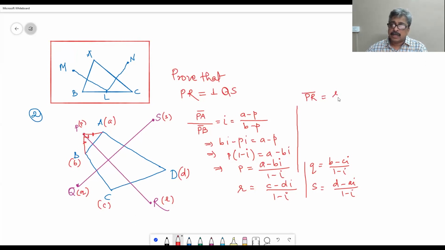Vector PR is r minus p, which is equal to (c minus di minus a plus bi) divided by (1 minus i). And what is QS? Vector QS is equal to s minus q, which is equal to d minus ai minus c plus di. Something is wrong. Oh, I am supposed to subtract q.